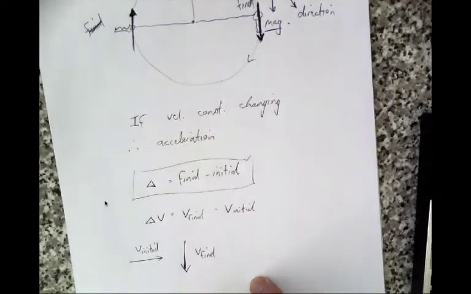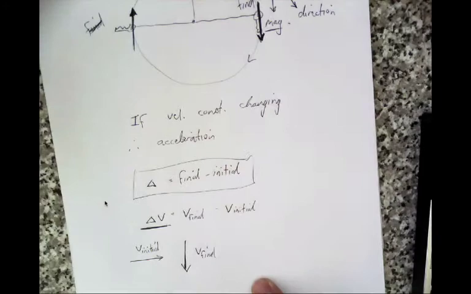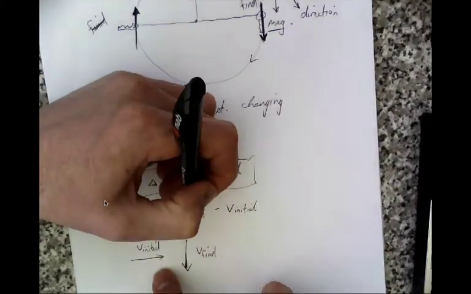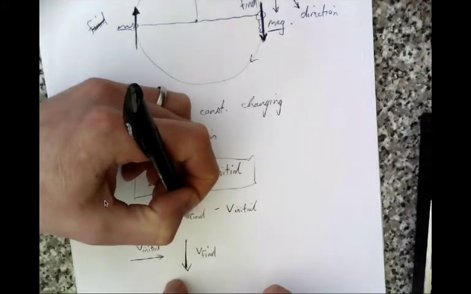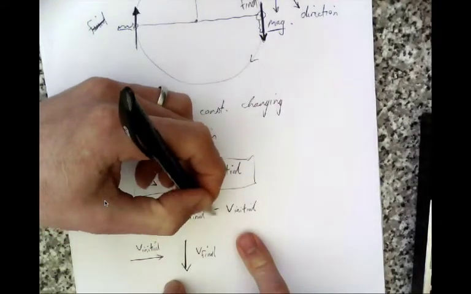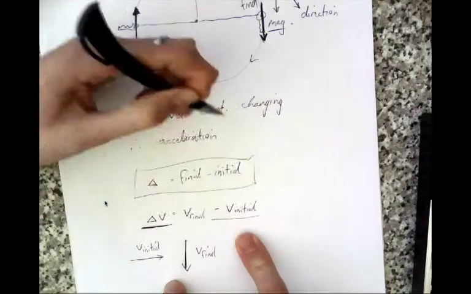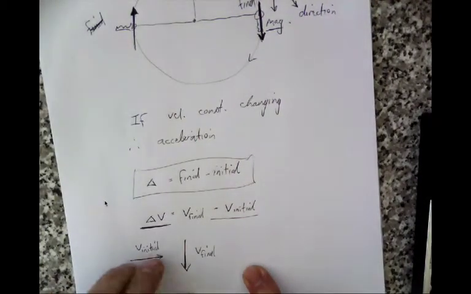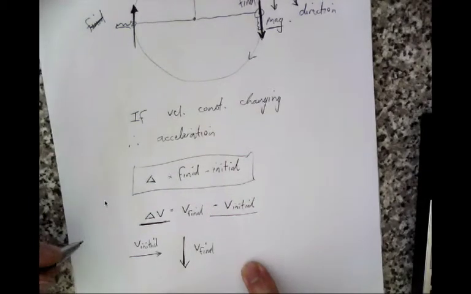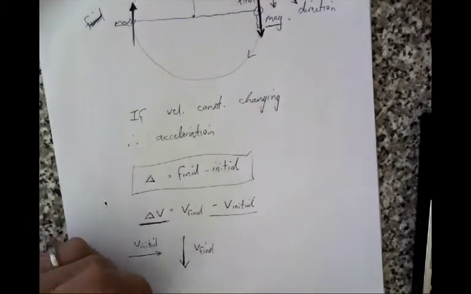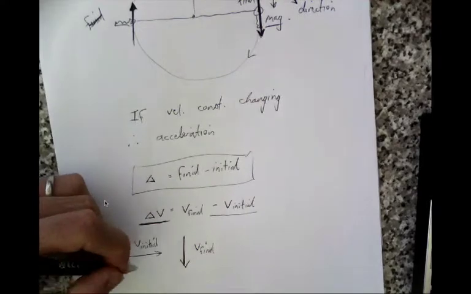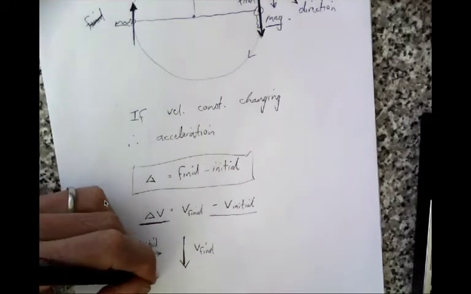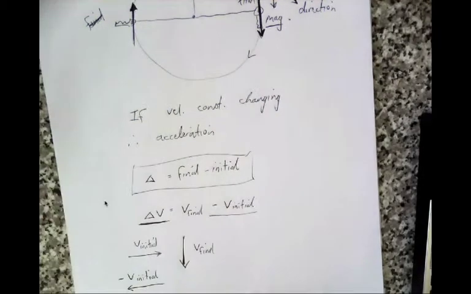Okay, so let's find out what our delta V is. We can use vector addition. We get our final vector and we add the negative of the initial vector. To make a negative of the initial, we reverse the direction of this one. So we keep our final as being the same, and negative initial is this.